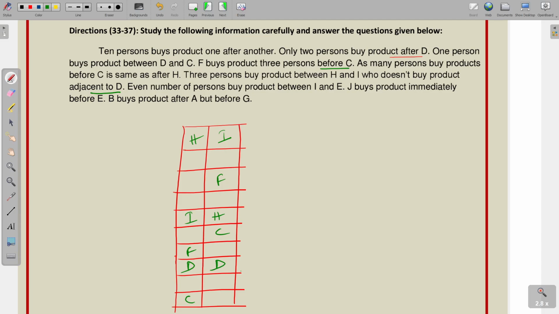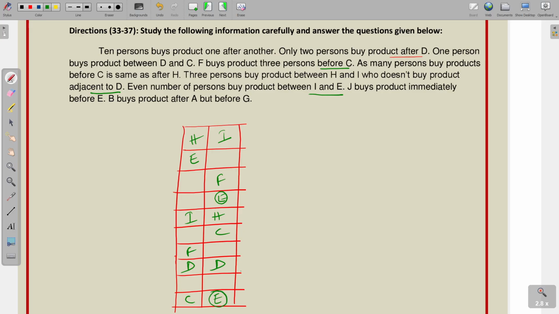Even number of persons buy product between I and E. So between I and E, there is an even number of persons. So see I here, so 1 2, here E is placed, and 1 2 3, here E is not placed, so here E is placed. Okay, and next, coming to the second one, if E is placed here and 2 persons are there, it is one possibility, 1 2 3 4 5 6 7 and 8, here E is placed.